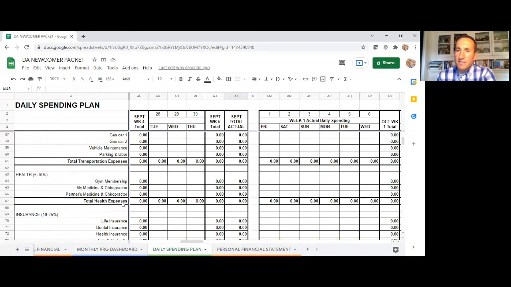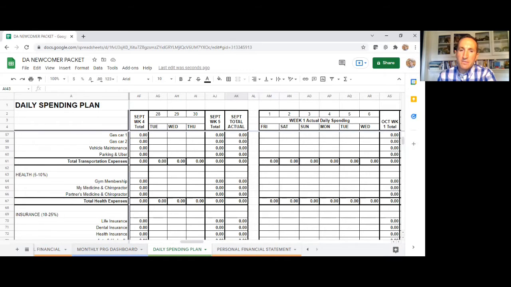These categories are not something you figure out in the first week or even the first month. Things are going to come along where you realize you need to add a category or combine two things to make it a clearer category. They can be edited, but I would encourage you to figure out the categories as best you can in the daily spending plan before we get to the monthly.